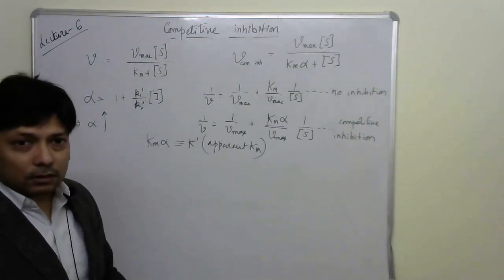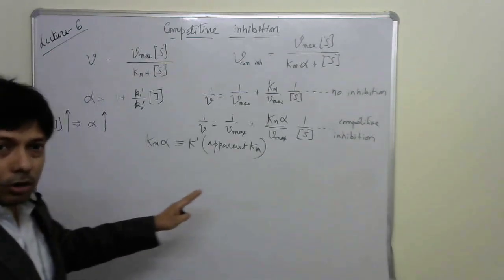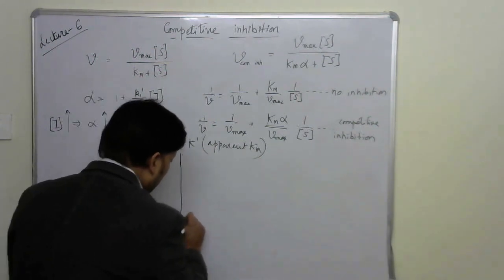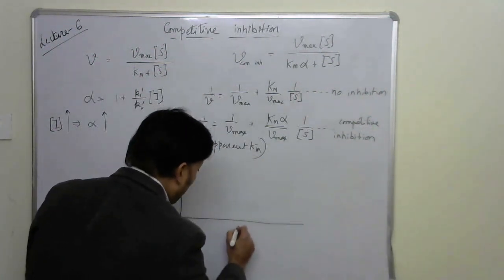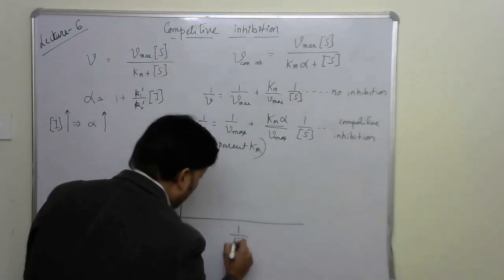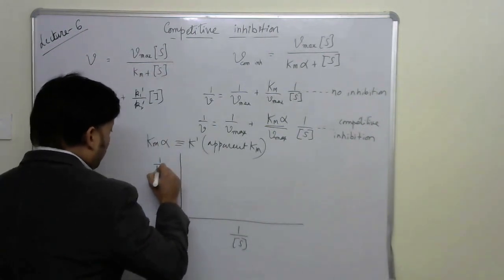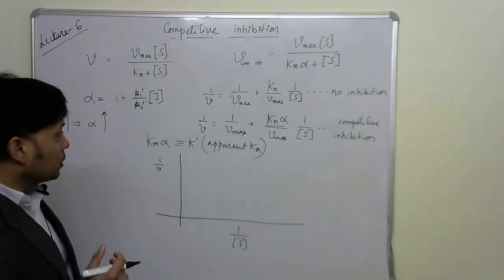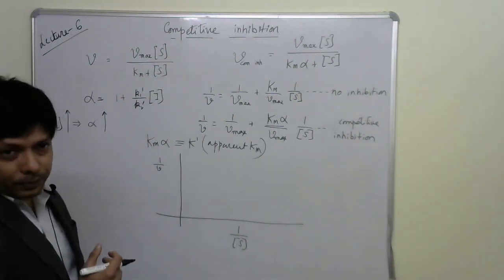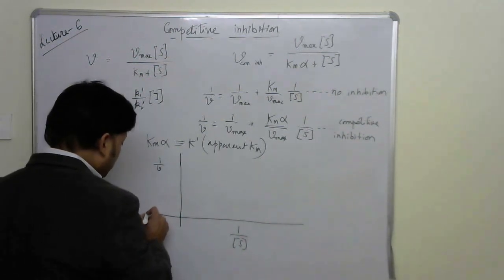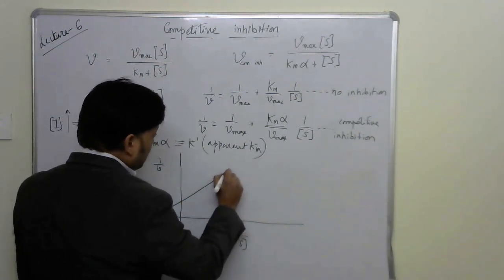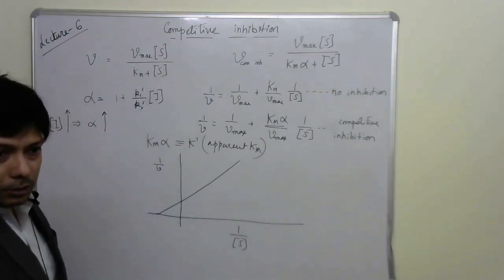Now if that happens, can we draw the graph plot of the Lineweaver Burk form, that is 1 over S versus 1 over V, at different or increasing concentrations of I? So let's try to draw that. So first let's arbitrarily draw a straight line. This is for the uninhibited reaction.